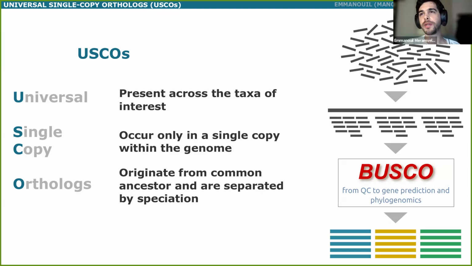Now, the first use of BUSCO was mostly as a benchmarking method in order to see how complete a whole genome assembly was through the BUSCO pipeline. But this has eventually evolved into a more complete suite of tools that can do gene prediction and generate phylogenomic datasets.